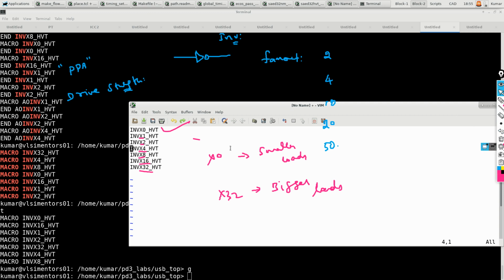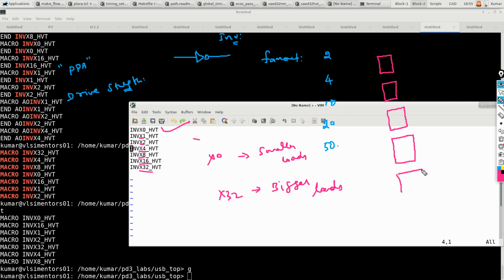Now, x0 will be smaller in size. Say, for example, x0 would be something like this. x1 is going to be the same size, but x2 is going to be a little bigger, and then x4 is going to be a little bigger like this.